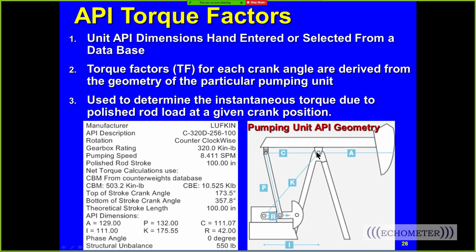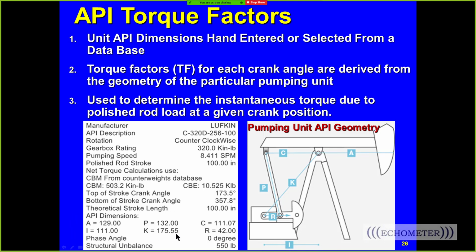The distance from the Samson post to the equalizer head is called the A dimension. For a conventional unit, from the Samson post to the tail bearing is called the C dimension. The length of the pitman arm is called the P dimension. The distance from the gearbox shaft to where the pitman arms connect is called the radius. The diagonal distance from the gearbox shaft center to the Samson post bearing is called the K dimension, and the horizontal distance from the bearing of the gearbox to the Samson post bearing is called the I dimension, and those are shown right here.